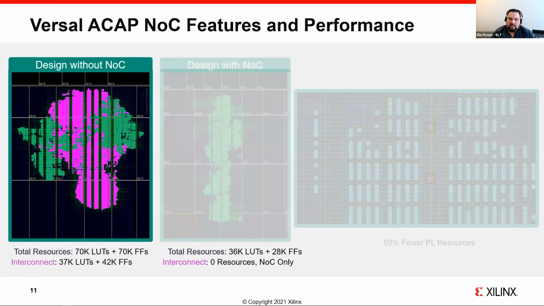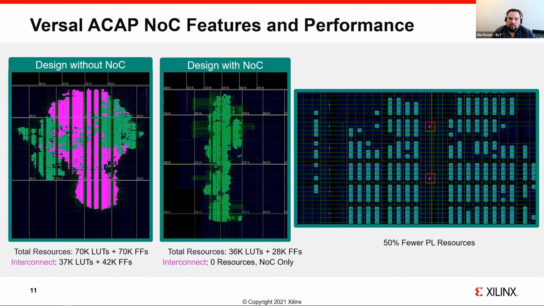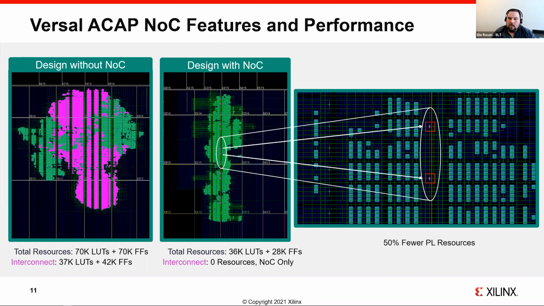But now with these Versal devices, if we enable the NoC, we can see that we now use 0 resources for the interconnect because the resources are all just the physical instantiations of the NoC. So we go from 50% overhead for the interconnect to no longer requiring that overhead. Also here we can see that the representation of that interconnect is now marked by these little boxes. These boxes are your NoC switches for moving data between the various NoC endpoints, the master units and the slave units.